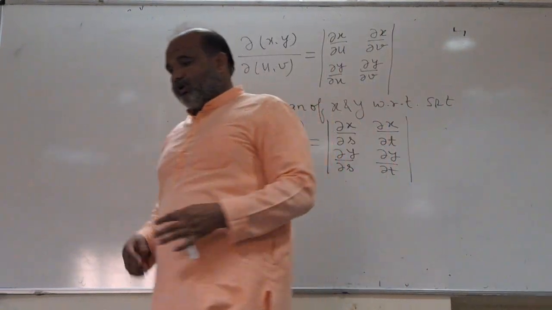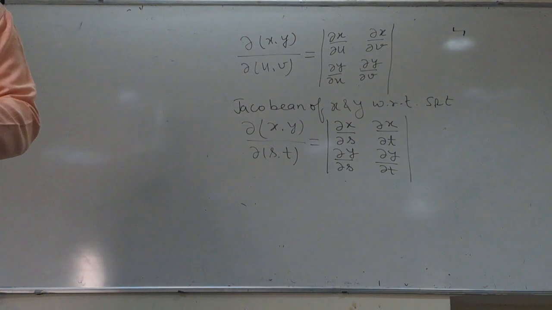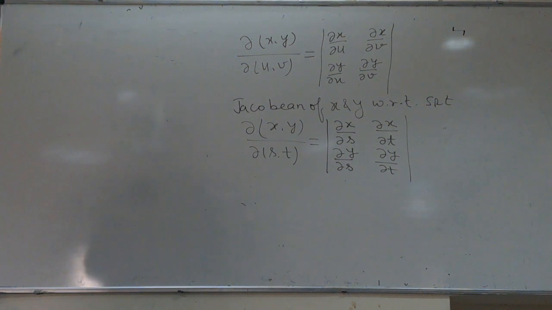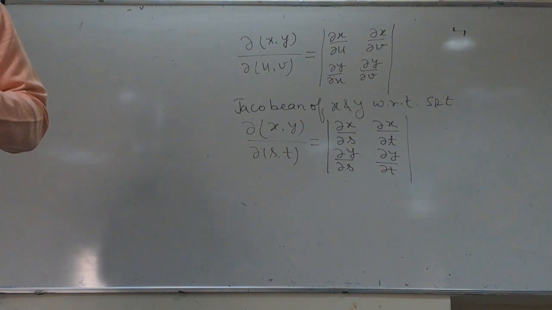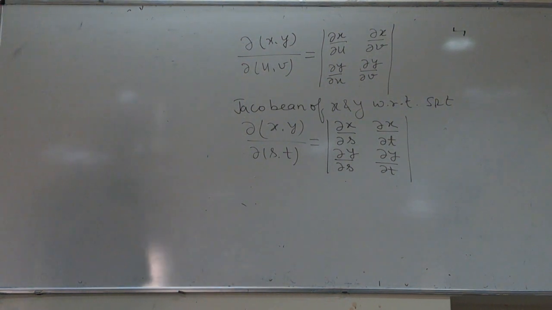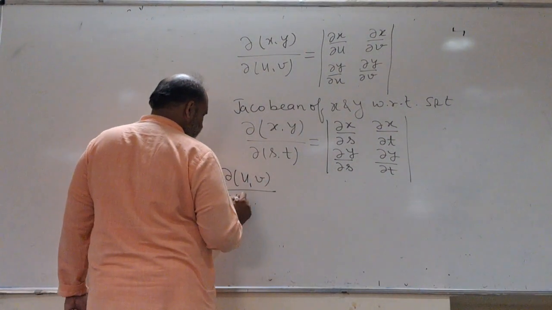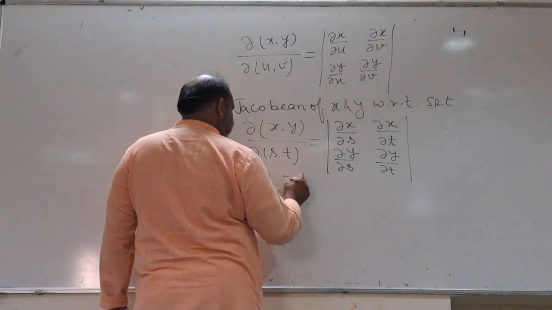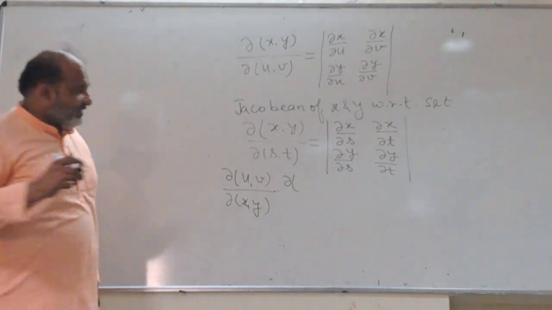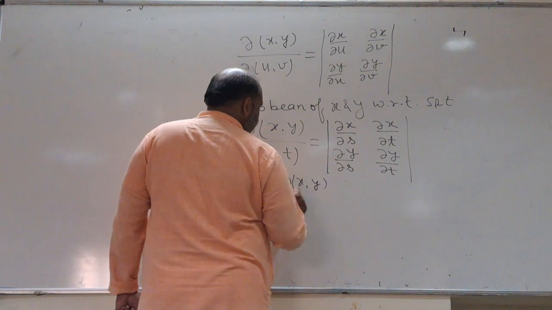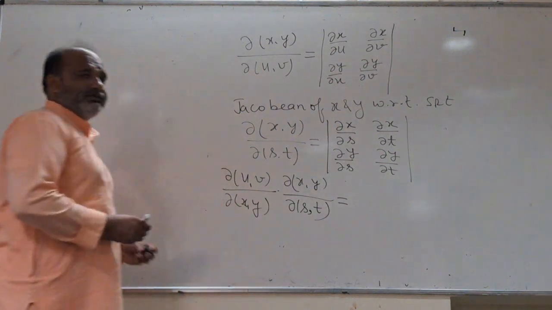Now the chain rule, because earlier I told you in partial differentiation the situation whenever u and v were functions of x and y, and x and y were functions of s and t. That chain rule can now be expressed in terms of a Jacobian. How is that? Just take the multiplication of the Jacobian of u, v with respect to x and y and then the Jacobian of x, y with respect to s and t, right?